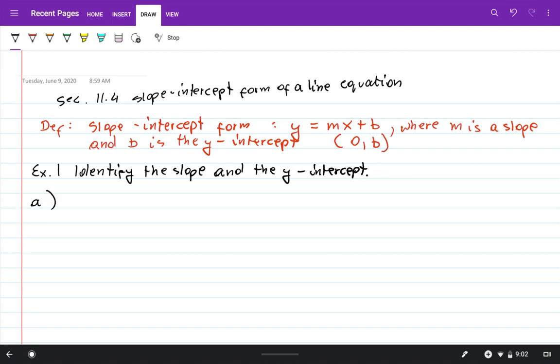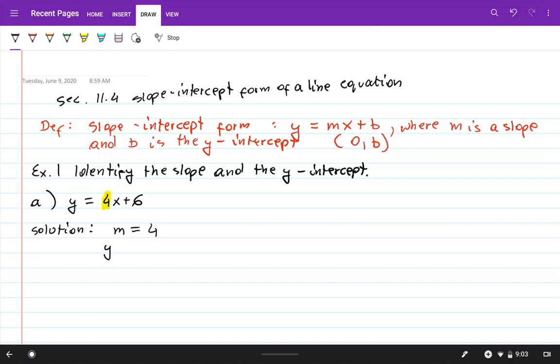Let's do A. We have y equal 4x plus 6. So here we don't need to do anything because this equation of a straight line is in slope-intercept form. So slope, it's the coefficient in front of x, which is 4.